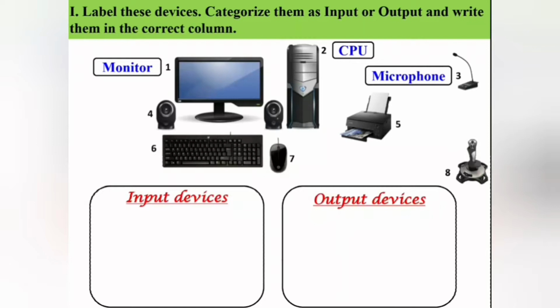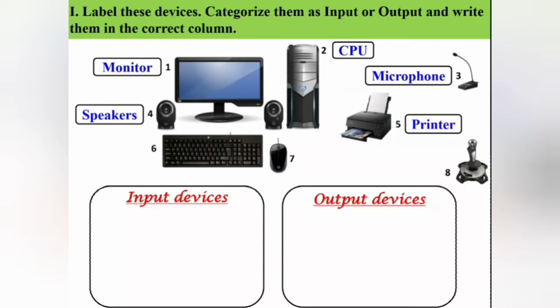What is the name of the fourth device? The name of the fourth device is speakers. What is the name of the fifth device? The name of the fifth device is printer. What is our sixth device?